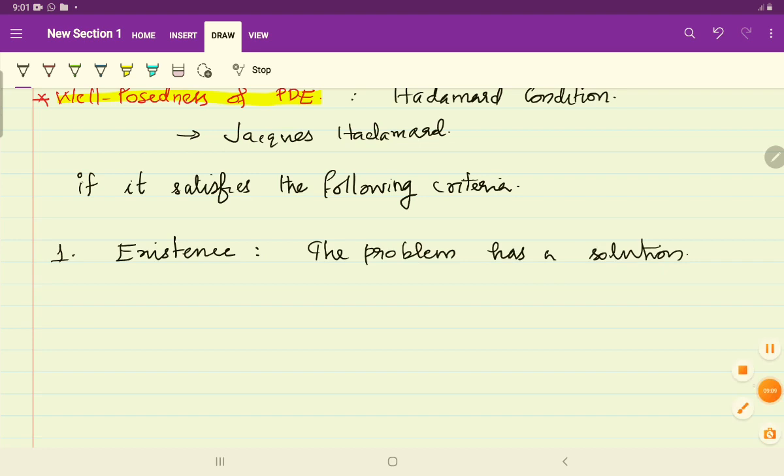The second criterion is uniqueness. That means if there exists a solution, then it must be unique. There is no more than one solution.